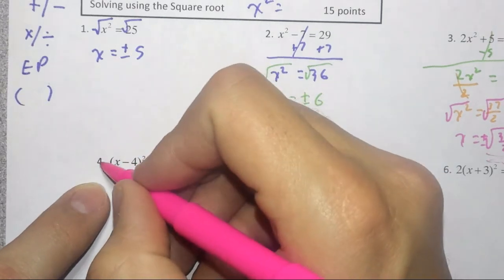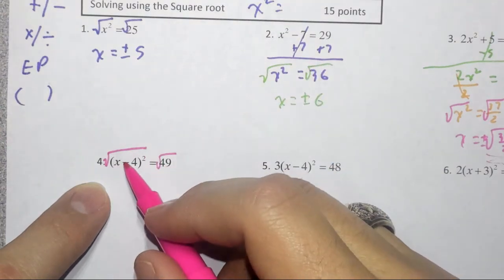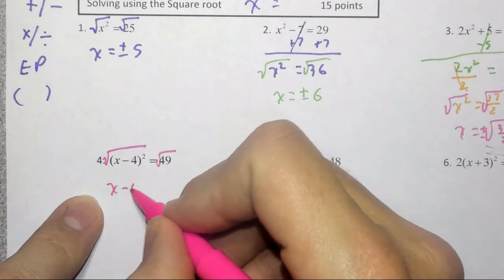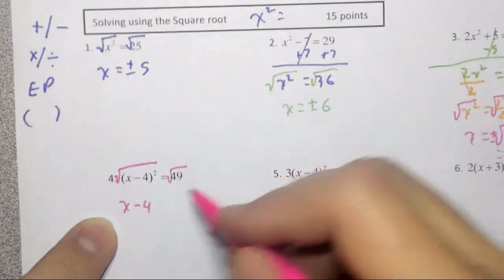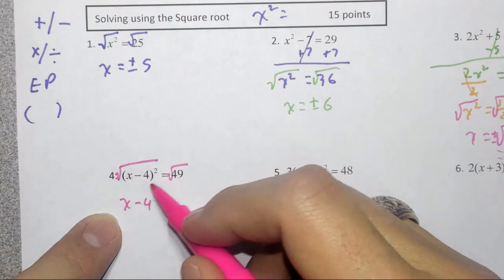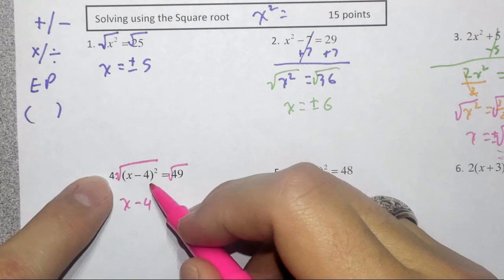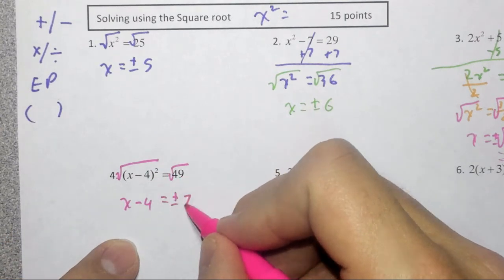So once we have that, we can take the square root of all of that. And when we take the square root of all of that, we are simply left with what's inside. Up here we took the square root of x squared and got x. Well, here we took the square root of x minus 4 squared, and we got x minus 4. So basically what's being squared just comes down. And then that's plus or minus 7 right there.